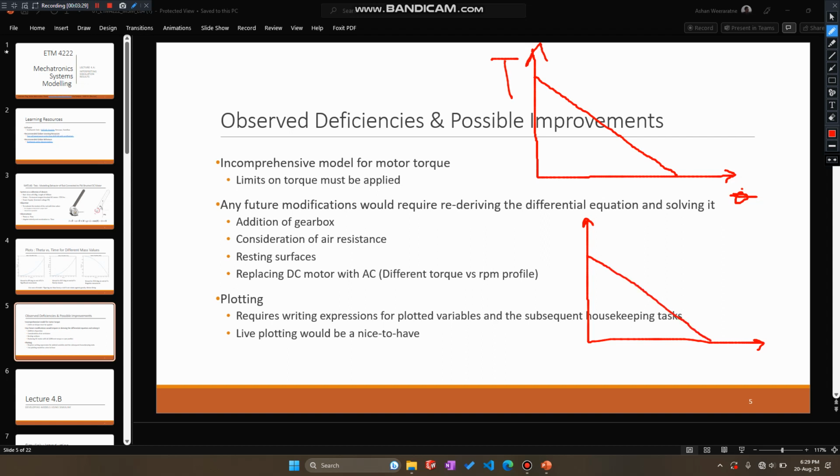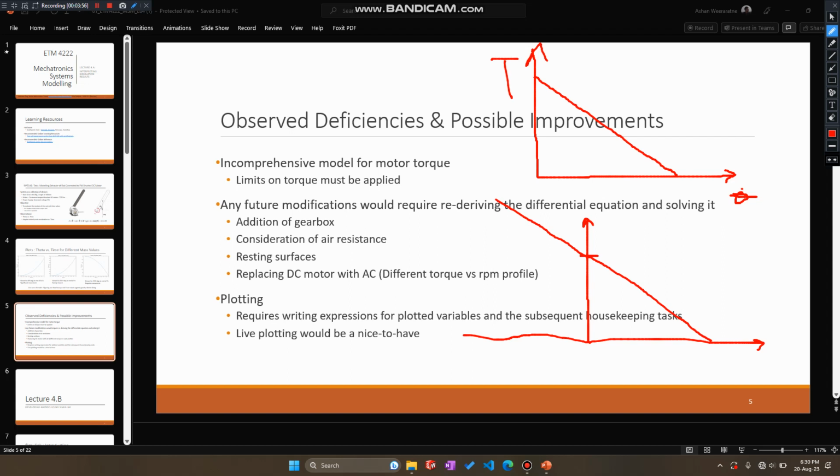So if you were to take y equals mx plus c and plot it over the whole range of theta dot, for negative values of RPM or the angular speed, the expression would output higher torques than the one provided at the stall point.